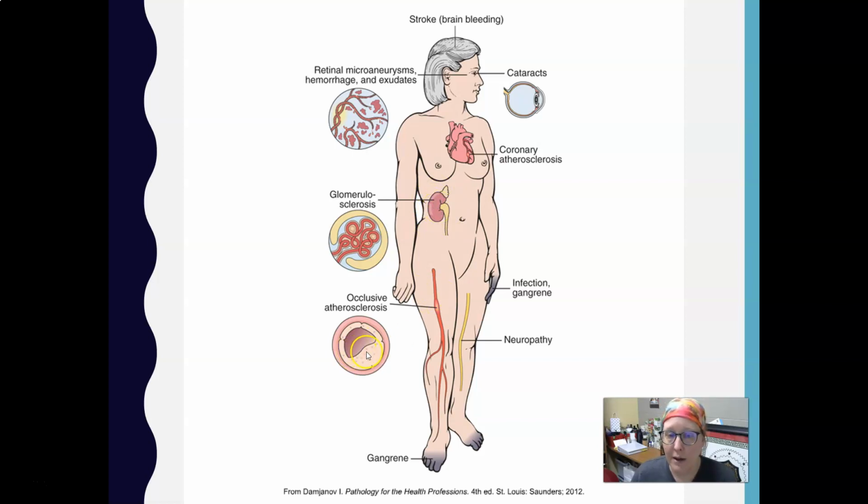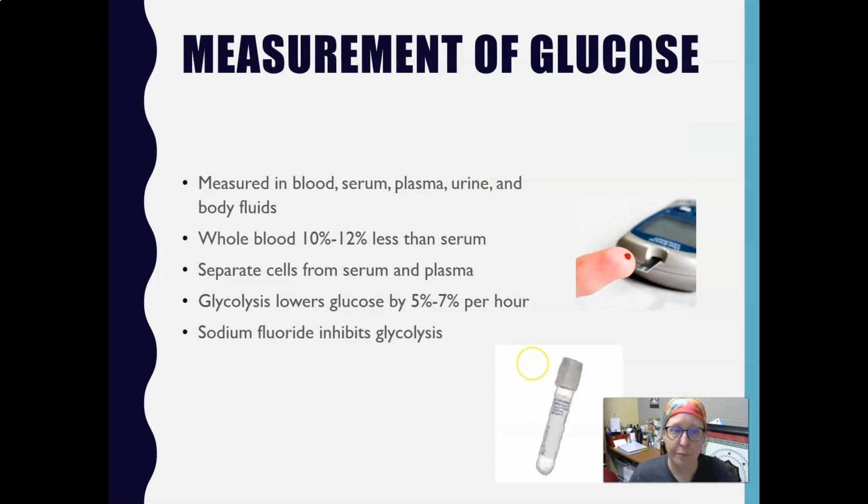They can also have atherosclerosis in the main arteries, like the femoral, leading to bad circulation in the legs. They can get gangrene in their toes from the lack of circulation, but then also get neuropathy, infections, and all of that kind of stuff. So they're definitely quite complicated and have a lot of complications that happen to them.